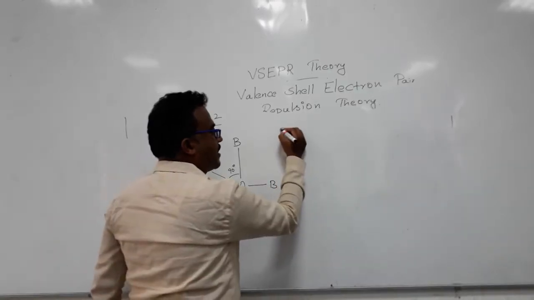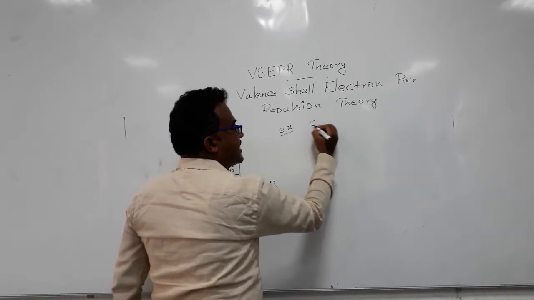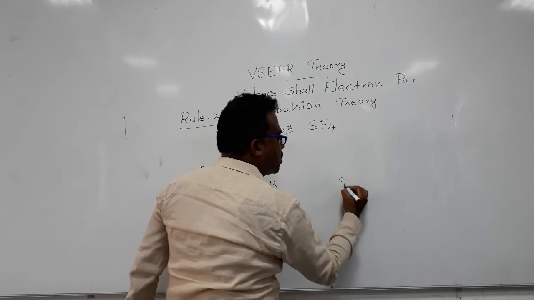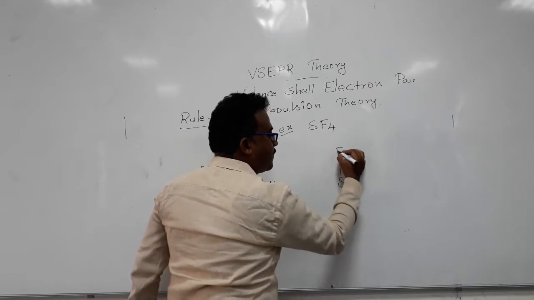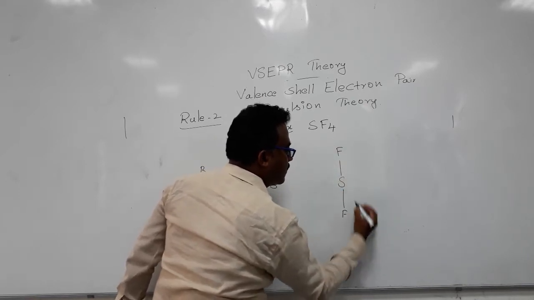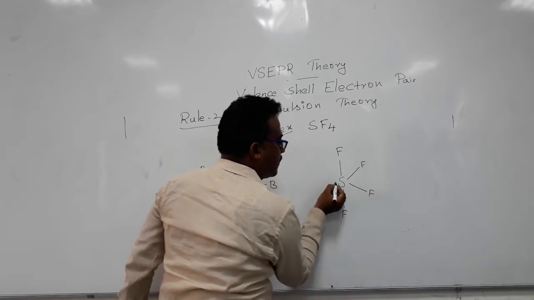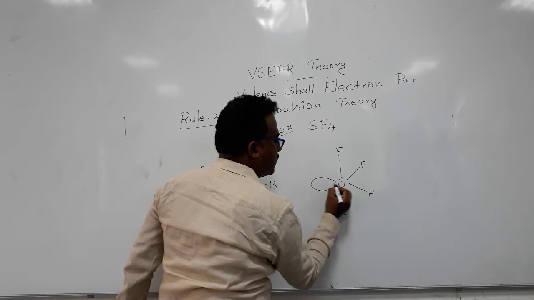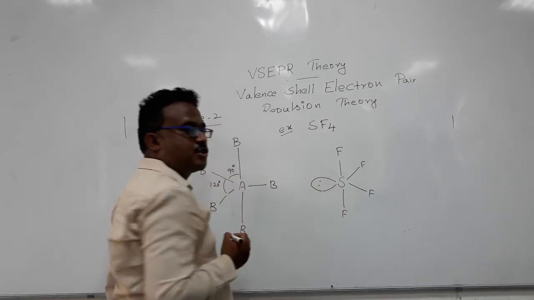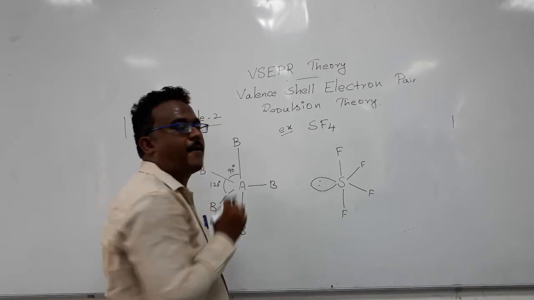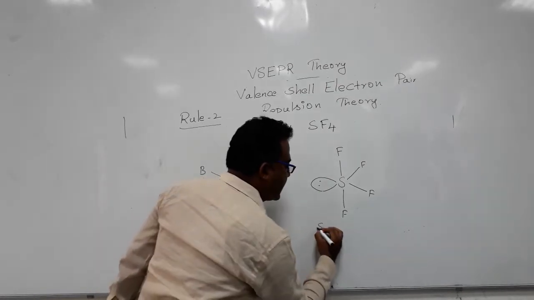An example of such a molecule is SF4, sulfur tetrafluoride. It has trigonal bipyramidal geometry, but the overall shape of the molecule is called seesaw.